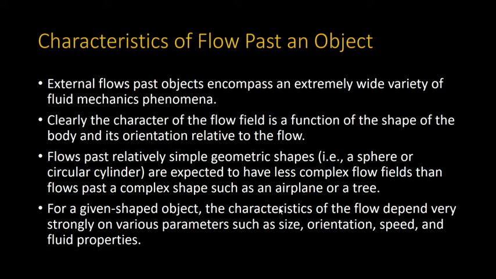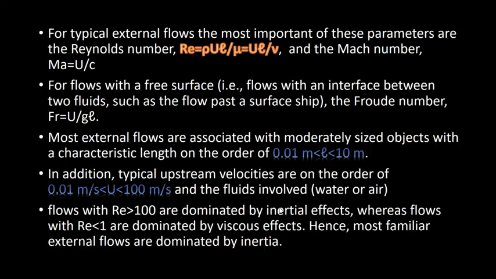So all these various parameters are now combined in only one dimensionless number, which is called the Reynolds number. For typical external flow, the most important of these dimensionless parameters is the Reynolds number, which is rho U L divided by mu, or equal to U L divided by nu, where nu is the kinematic viscosity and mu is the dynamic viscosity.